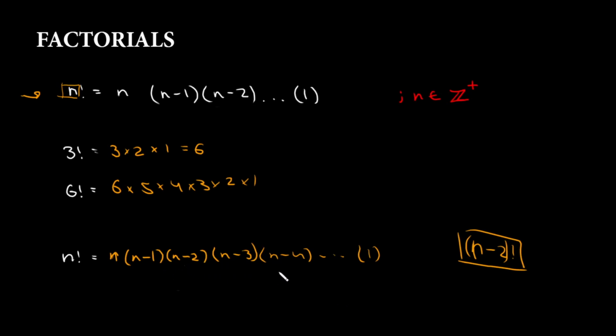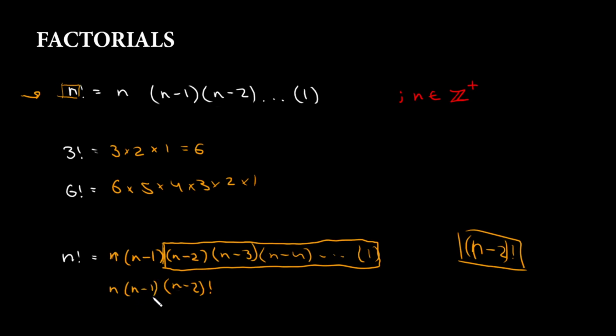If we just cut the first part off and look at the rest of the expression, then this entire expression is equal to n minus 2 factorial, because we take n minus 2 as the starting number. And n minus 2 minus 1 would be n minus 3, n minus 3 minus 1 would be n minus 4, and so we see that it holds true, and we can rewrite this as n minus 2 factorial. And we'll rewrite whatever was in the front.